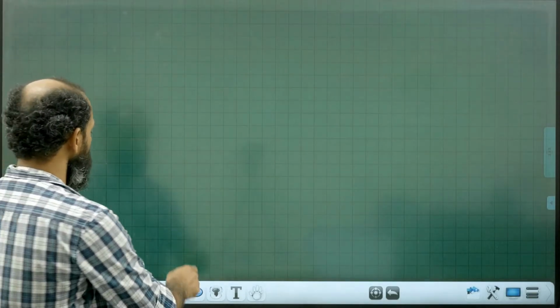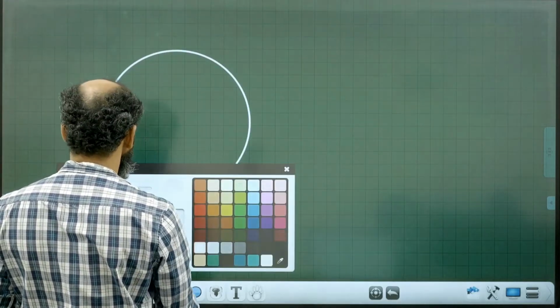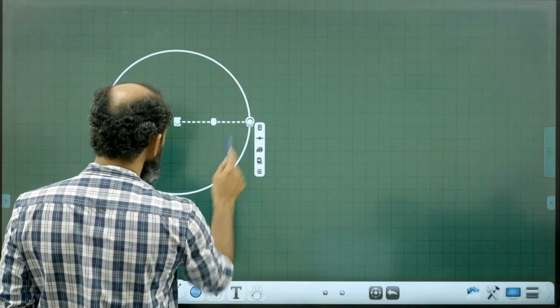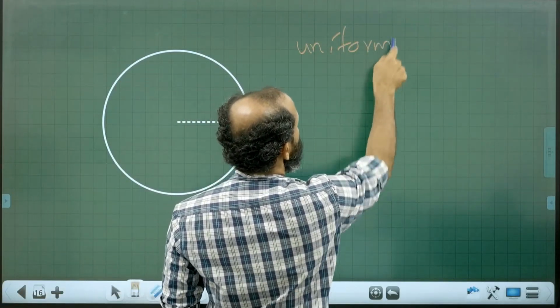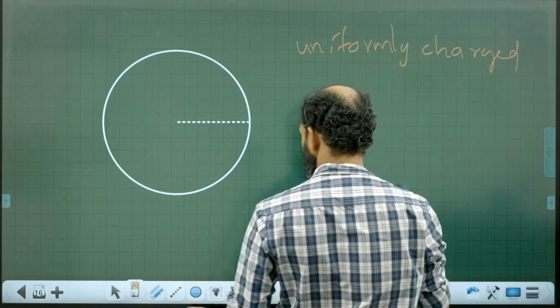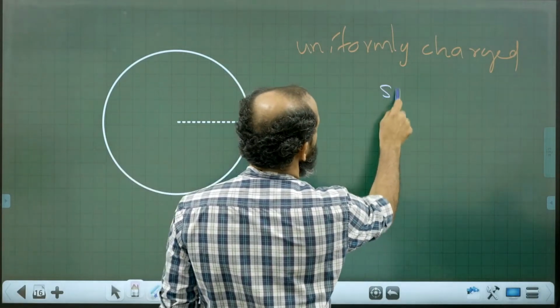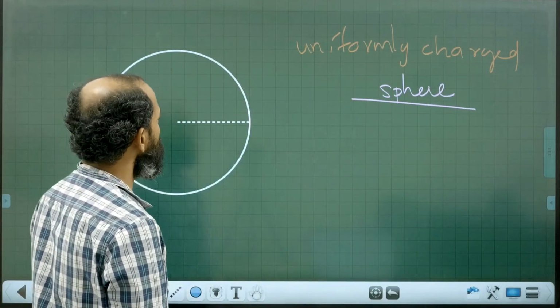Another application of Gauss's law is to use this for a uniformly charged sphere. What do you mean by a uniformly charged sphere? Uniformly charged sphere has volume charge density rho.